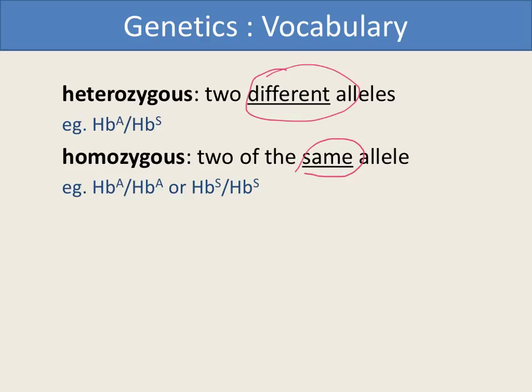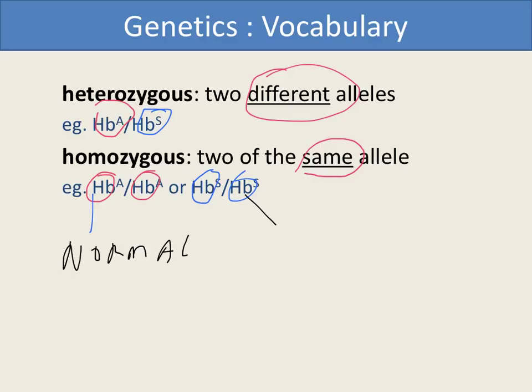So, okay, these are homozygous. This is normal. We call it wild type.